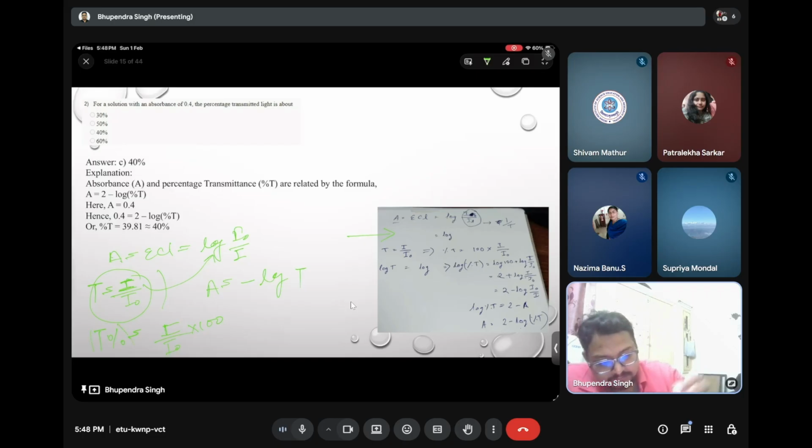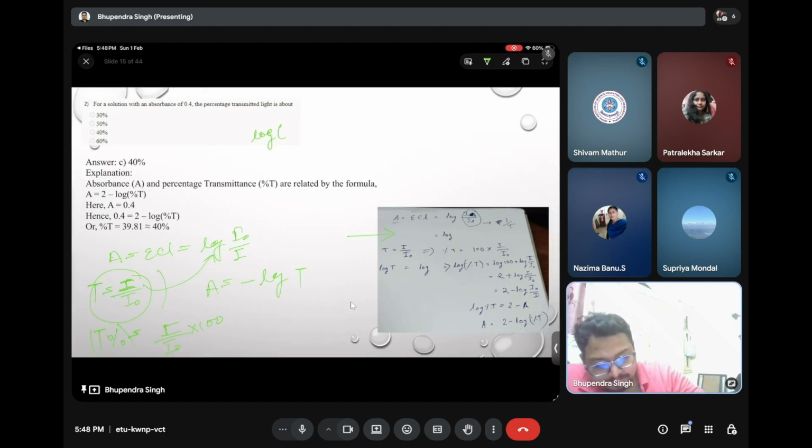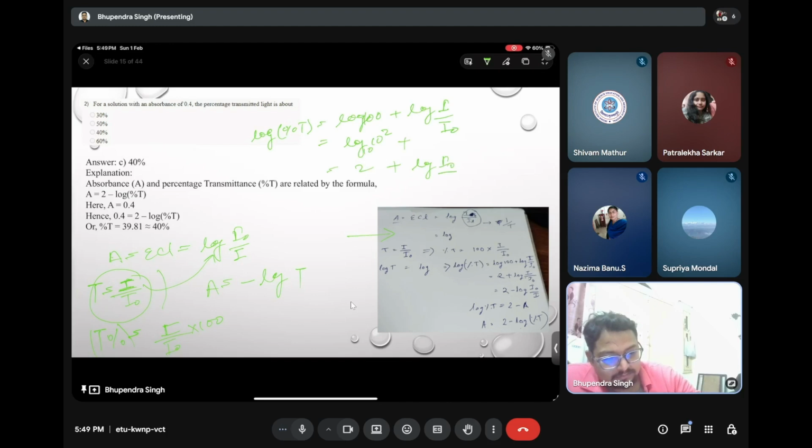So you can take log of percentage T equal to log 100 plus log I by I0. Log 100 means log 10 to the power 2 with base 10, so it will give you 2, plus log I by I0.